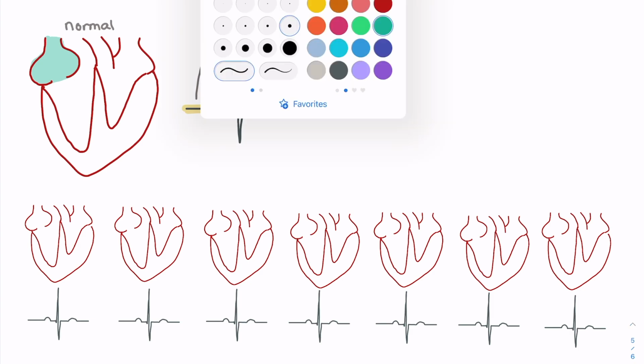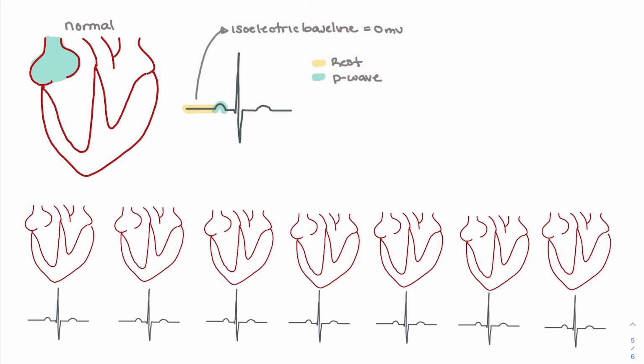The next portion that we can look at is the isoelectric baseline that occurs after the P wave. We can see that we have our PR interval, or the time between the P wave and the QRS complex. What this is representative of is, again, we've had atrial depolarization, so the atria is depolarized, and now we're waiting for atrial repolarization. So again, there's no net flow of ions. We have seen movement of ions in order to cause depolarization, but that movement of ions has ceased, or we have a pause here, and we're not seeing any net movement of electricity because we're in the time in between atrial depolarization and atrial repolarization.